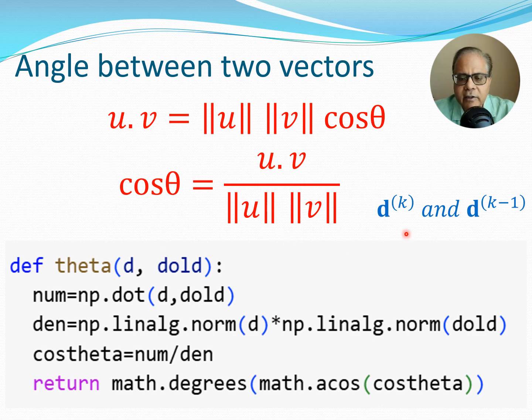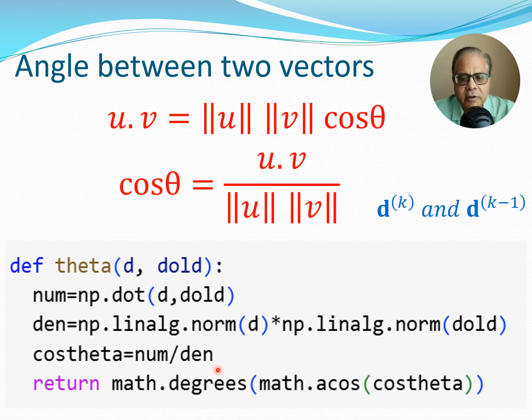So if I had two vectors dk and dk minus 1, I call them d and d old, then what I can do to calculate this particular value is I can take the numerator term, so that's the dot product of d and d old. I take the denominator term, which is the multiplication of the norm of d and the norm of d old, and then I divide it. So I get cos theta is the numerator divided by the denominator.